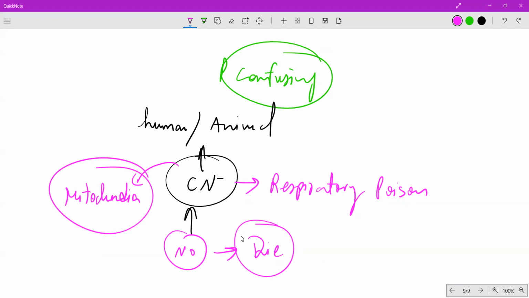Where in the mitochondria is the site of cyanide action, where does it inhibit? We know it is the electron transport chain, the ETC.